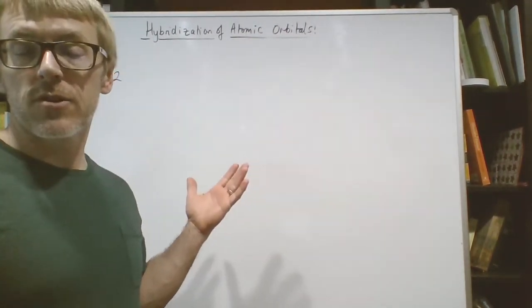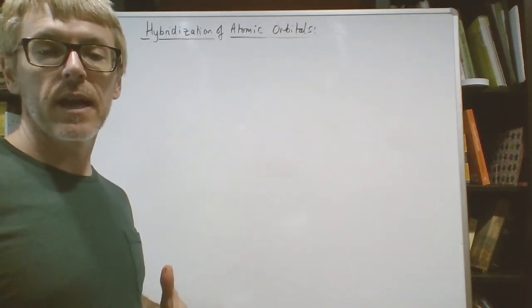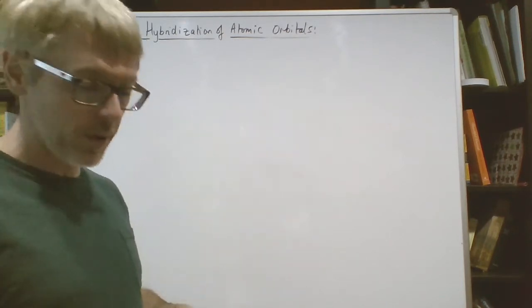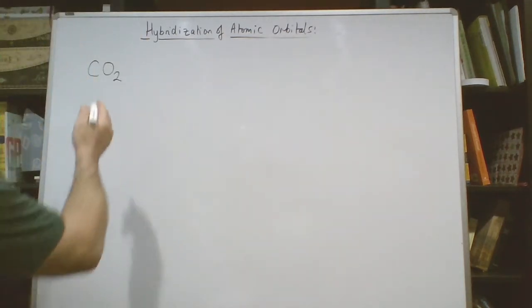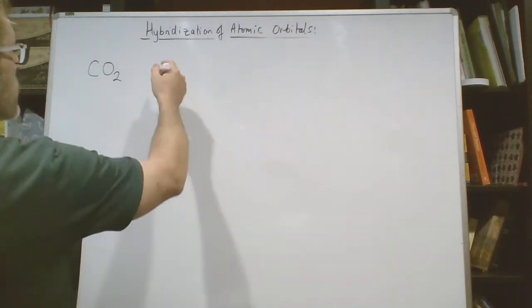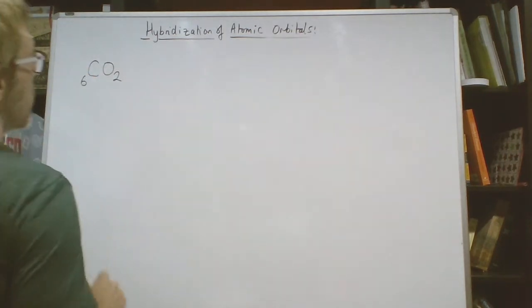Moving on now to a structure like carbon dioxide, we now start to look at how hybridization takes care of multiple bonds. So here we have double bonds. Again, we'll consider the central atom, which is carbon. So carbon has 6 electrons.